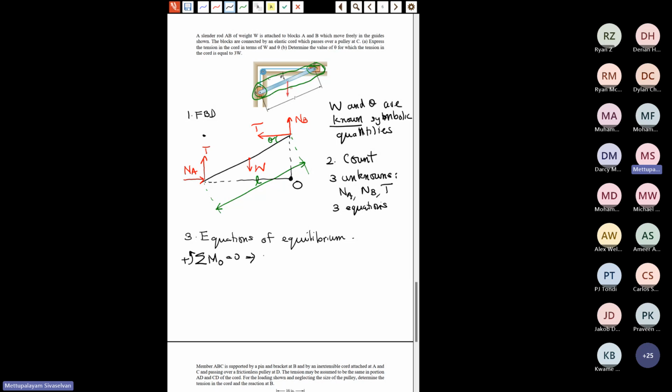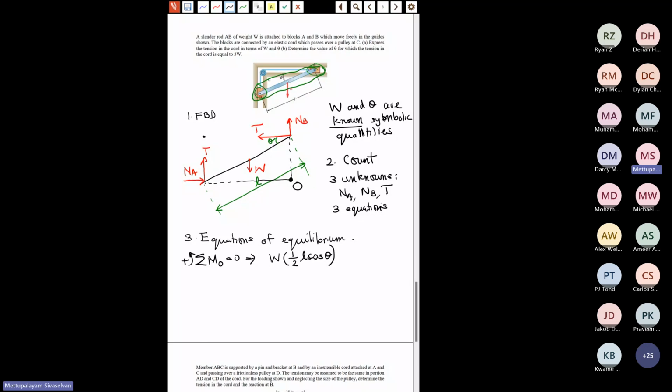So what does that give me? W times, what's the distance? It's 1/2 of L cosine theta. That's counterclockwise, so it's positive.